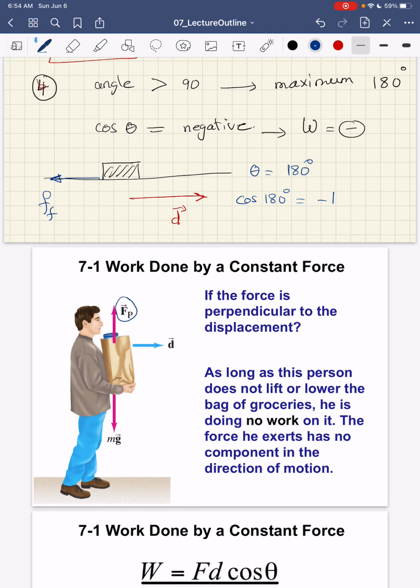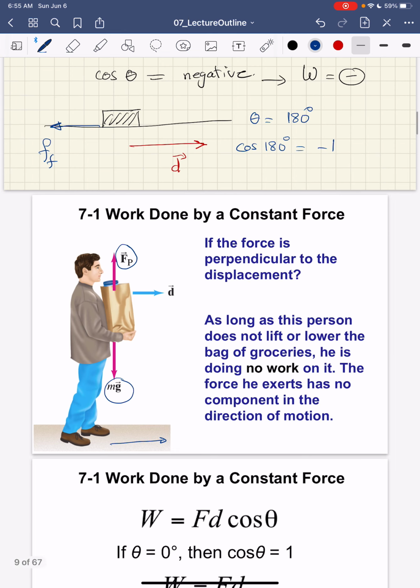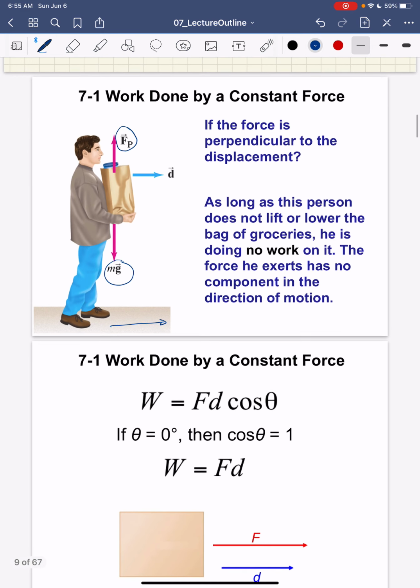You have applied that force, which is going to be exactly equal to the weight, and then you will move straight horizontally. All right, then here no work is done on this grocery quantity. The force he exerts has no component in the direction of the motion, and this is the reason why the work done is going to be 0.